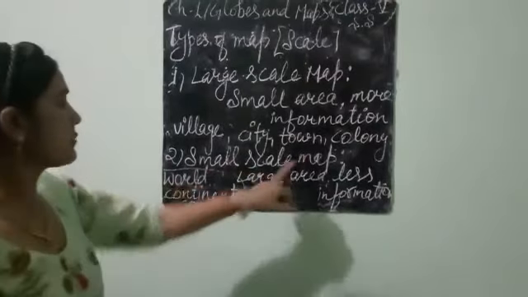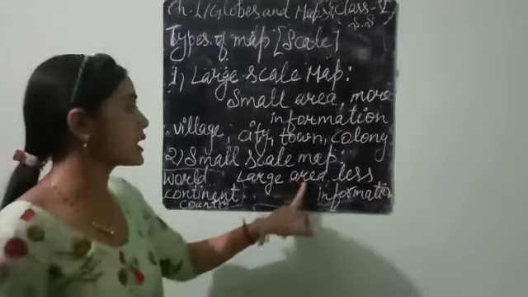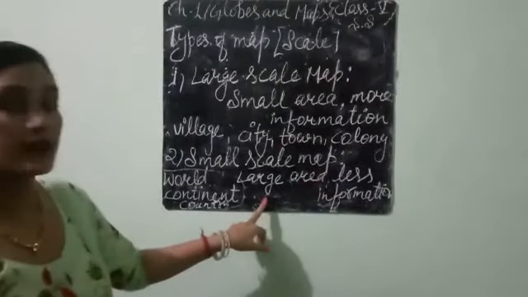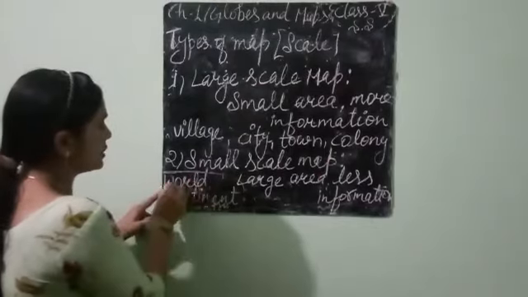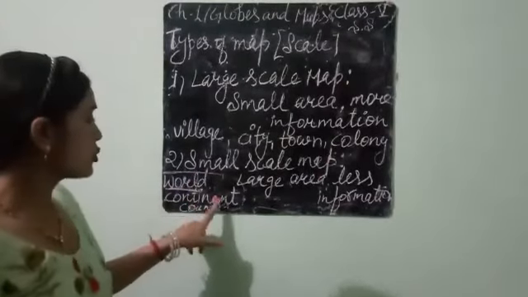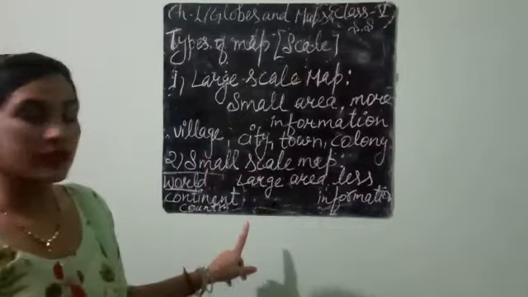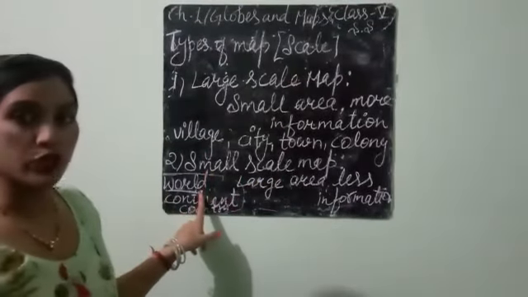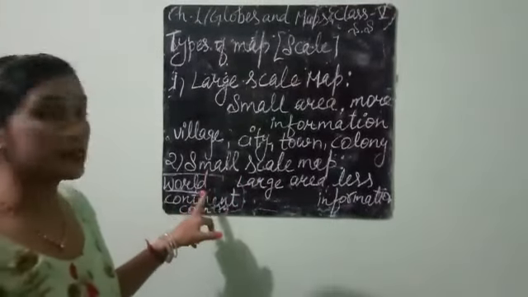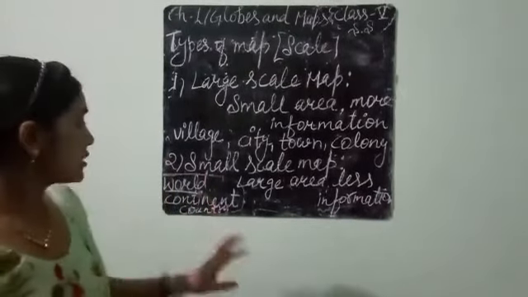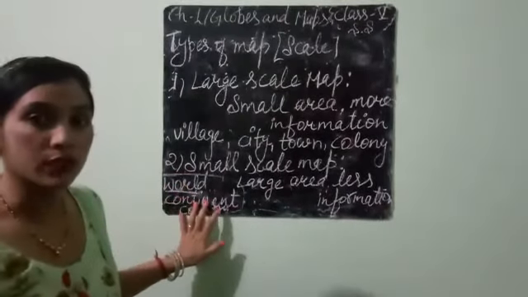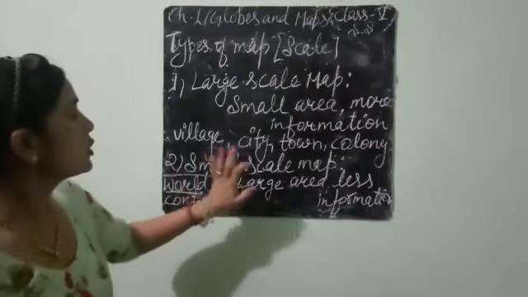All these are examples of the small scale map because they are drawn for a large area but they provide us less information. How less information? Because the map of the world is drawn to show all the continents and all the seas and oceans. It shows a large area, but all the features of all the countries we can't show on the map of the world. That's why the small scale map provides us less information.